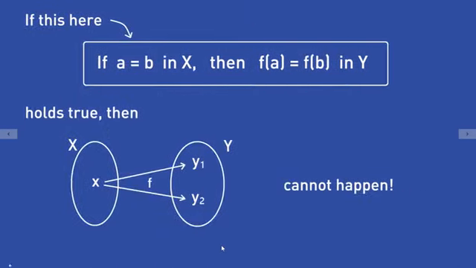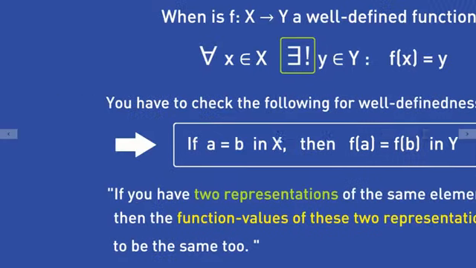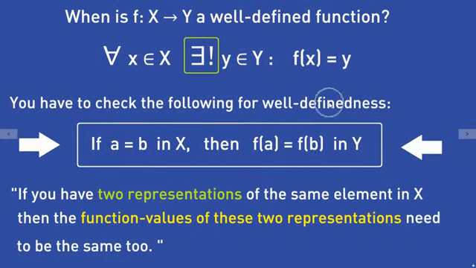Such a situation that one element in X has two or more associated values in Y cannot happen then, if this here holds true. When people are talking about the well-definedness of a function, they are often referring to this here.